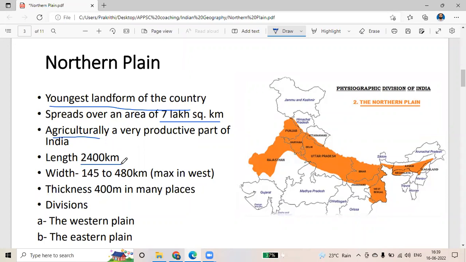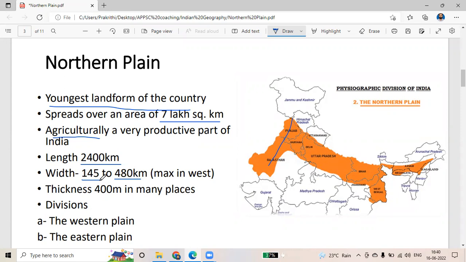Its width varies from 480 kilometers on the western side, which is the maximum, to 145 kilometers on the eastern side. It stretches from Punjab, and even extends into Pakistan. In the Indian context, it extends from Punjab to Assam.